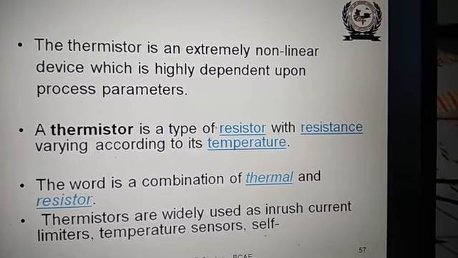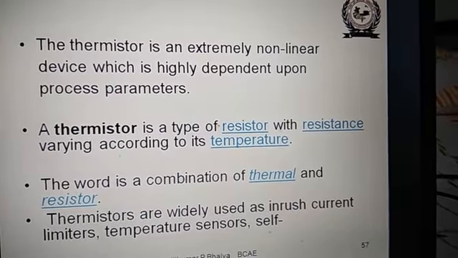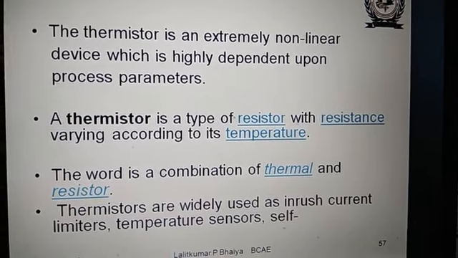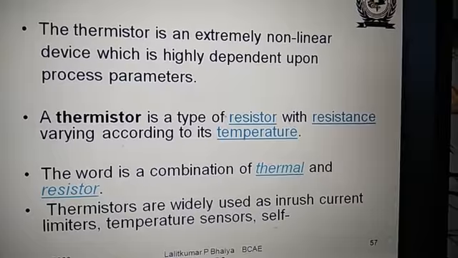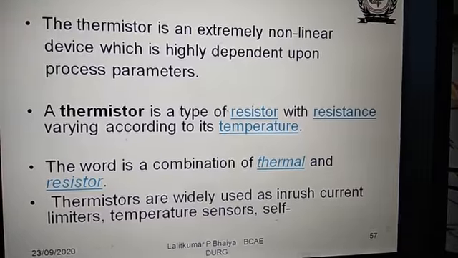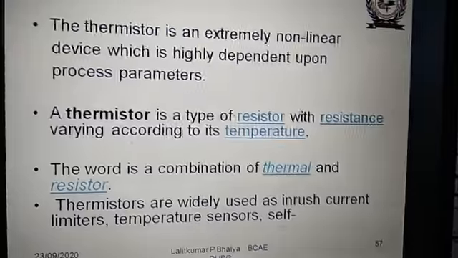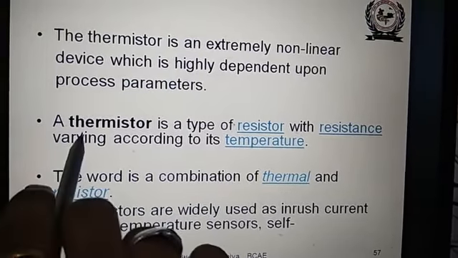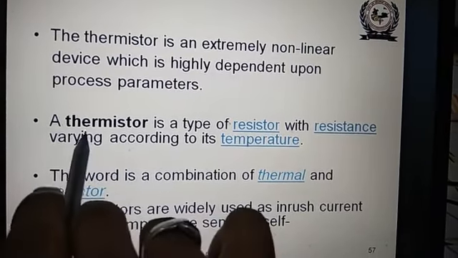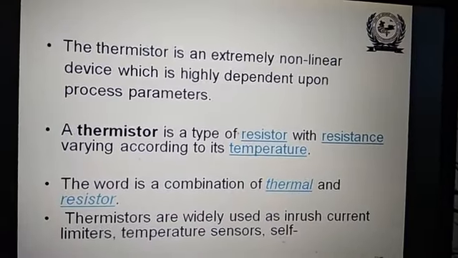The thermistor is an extremely non-linear device which is highly dependent on process parameters. A thermistor is a type of resistor with resistance varying according to its temperature. The name thermistor itself is suggestive: therm and istor, istor from resistor and therm from thermal resistor.